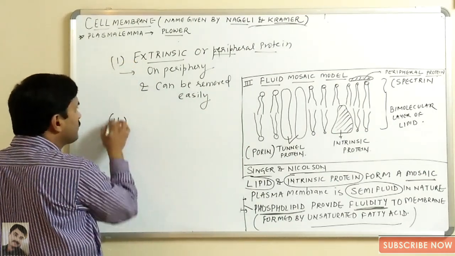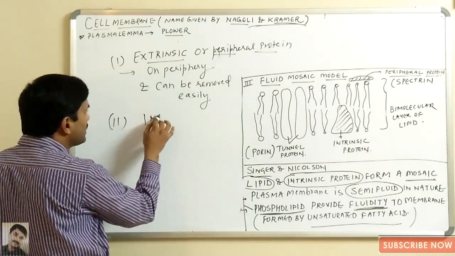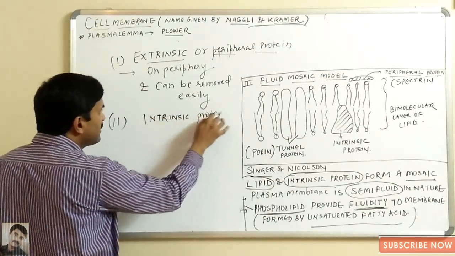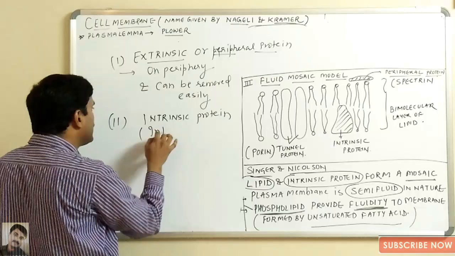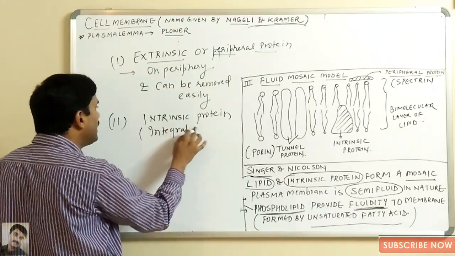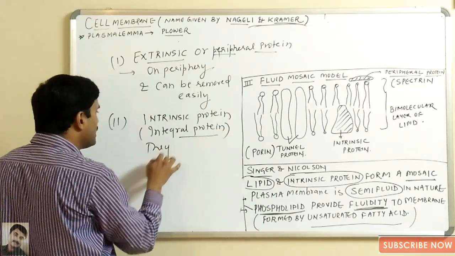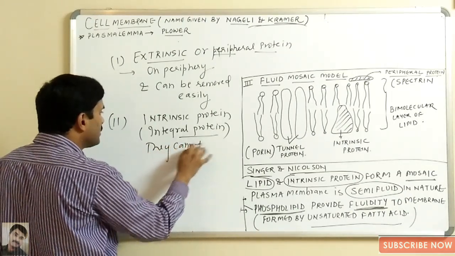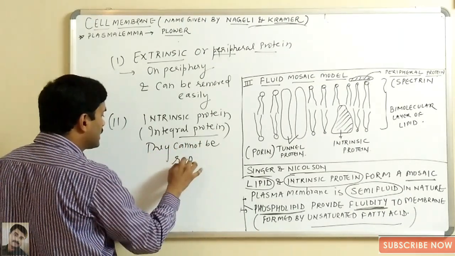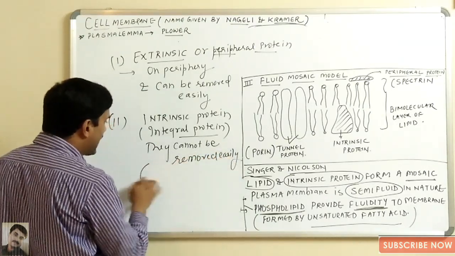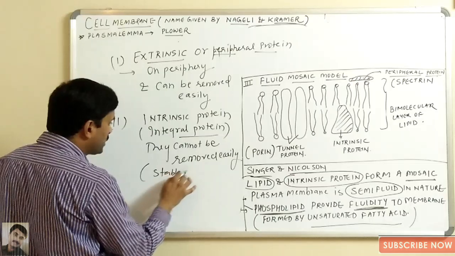The next category of proteins is called intrinsic proteins. Intrinsic proteins can also be called integral proteins, and they cannot be removed easily. That means they are stable proteins.